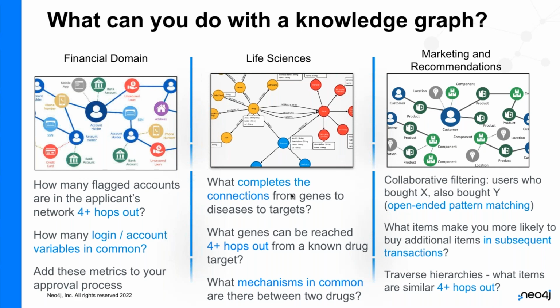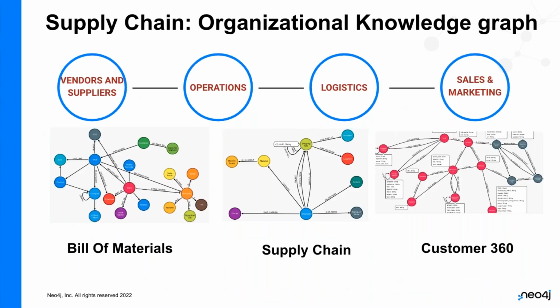But in a graph, it becomes traversing those relationships and giving you the answers. And as you can see, there are a lot of these trivial questions on this slide that can be answered by simply looking at the relationships in the knowledge graph. But otherwise they're really, really difficult if you think about using traditional methodologies.